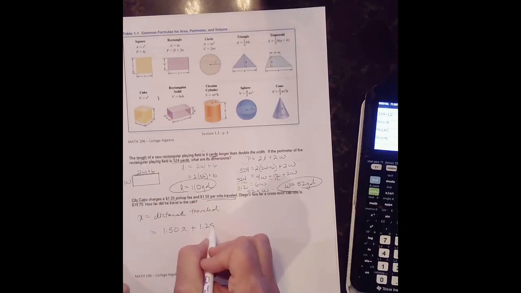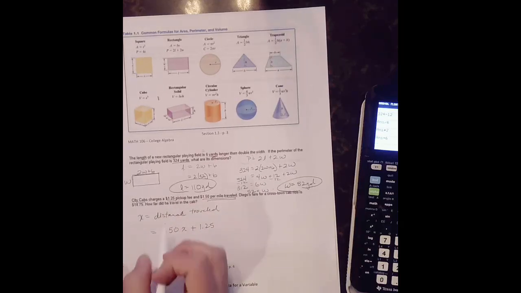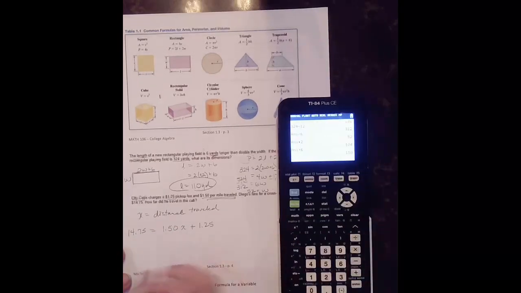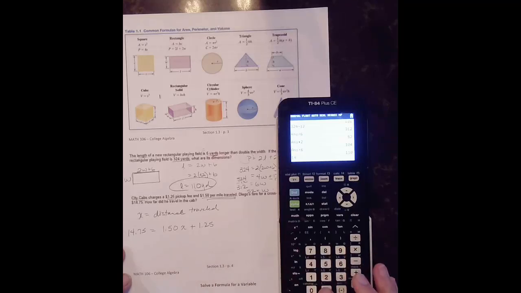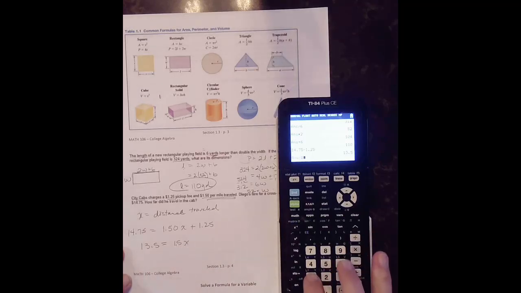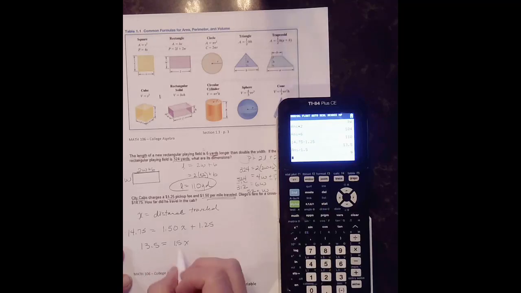And I know my total bill should equal $14.75. To solve, we're going to subtract $14.75 minus 1.25. So I have $13.50 is equal to 1.5X. Then I will just divide by 1.5. So that means I traveled 9 miles.